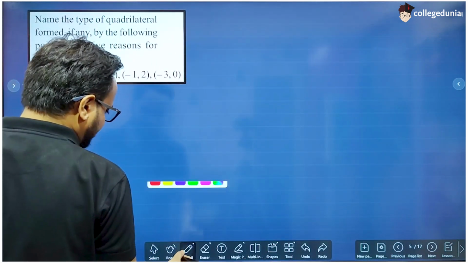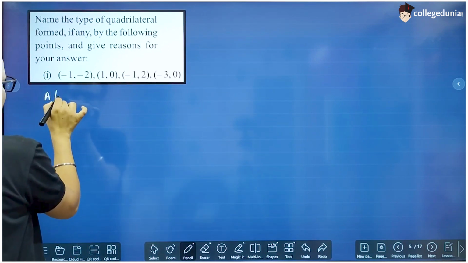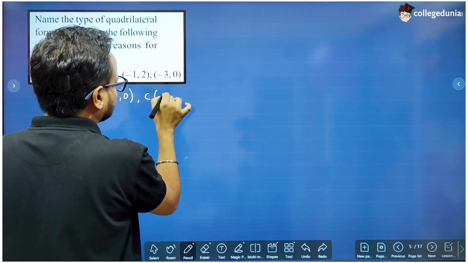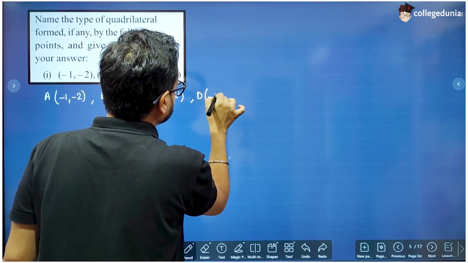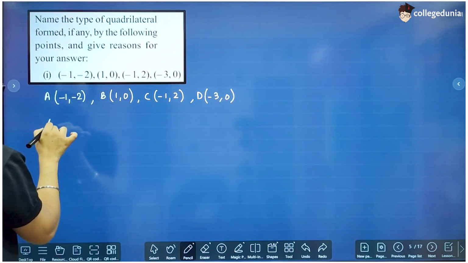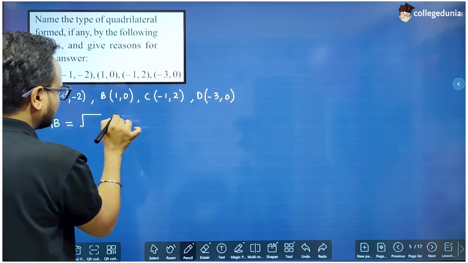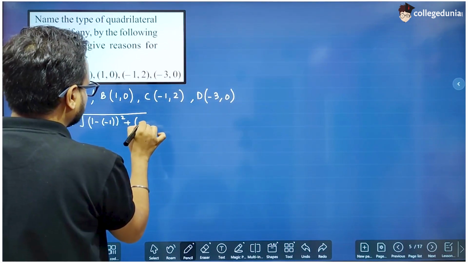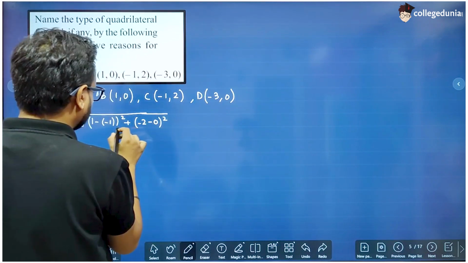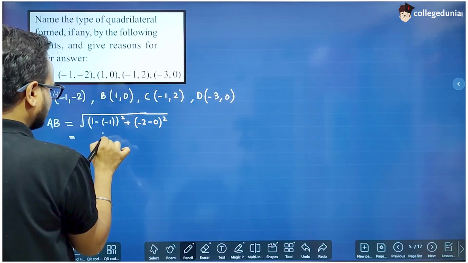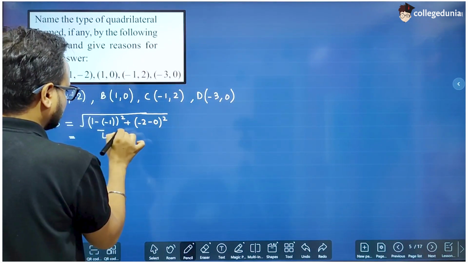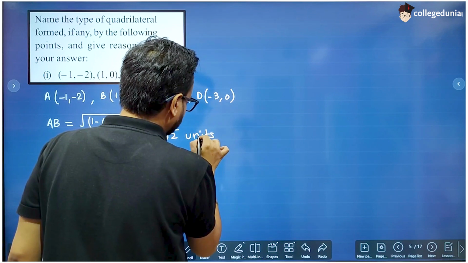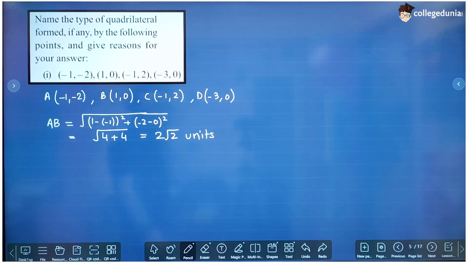Now let's start with these 4. Let's take the first one as A. This is B. Now AB is what? The first length is 2√2 units.